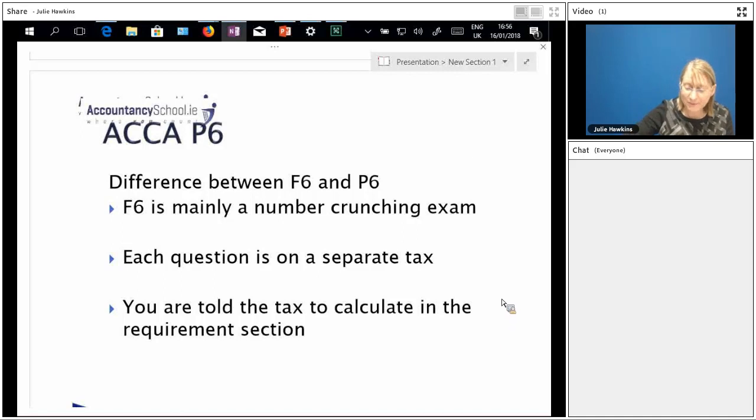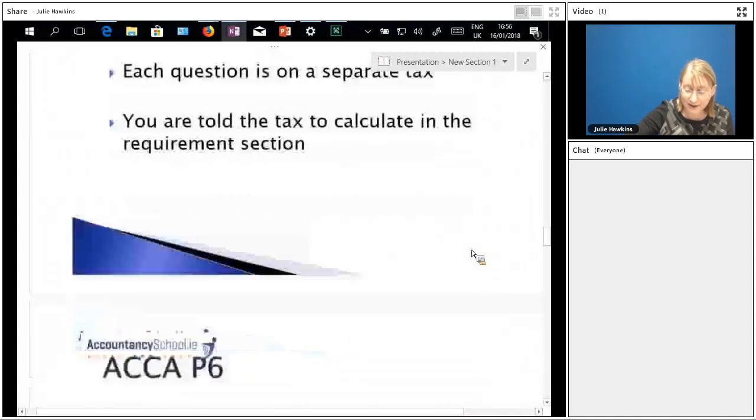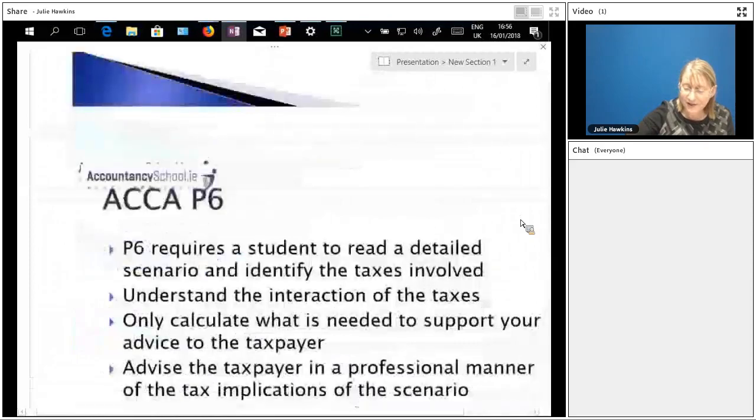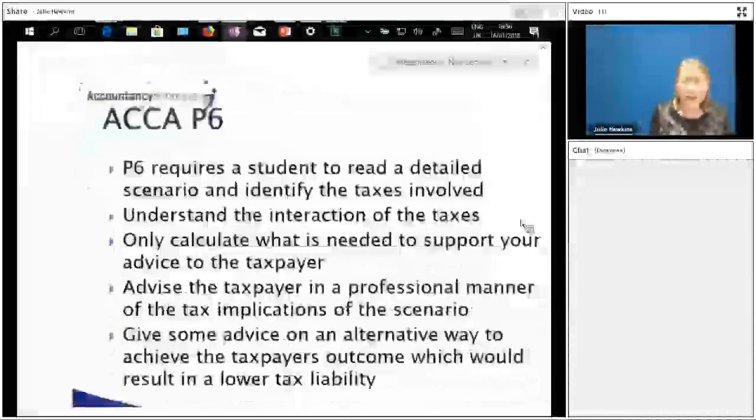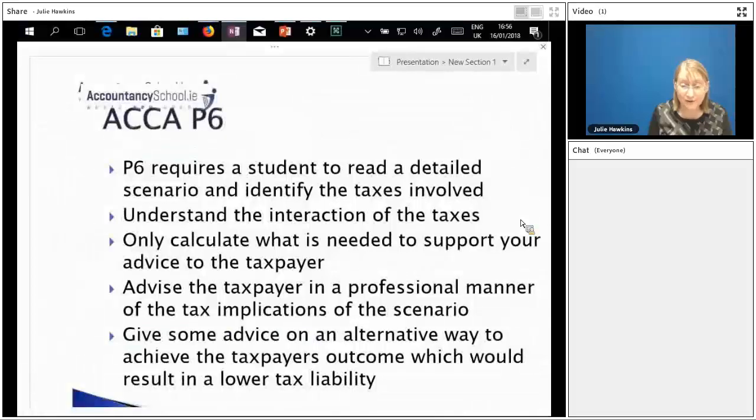Now, when we get to P6, that will not be the case. P6 requires the student to read a detailed scenario and to be able to identify the taxes involved. So the question doesn't tell you the taxes to calculate. It will just ask you to calculate the tax liability of John, or the tax liability of Byrne Limited.